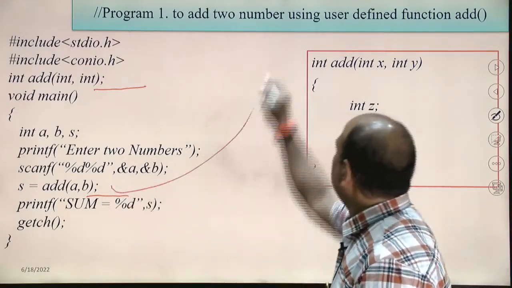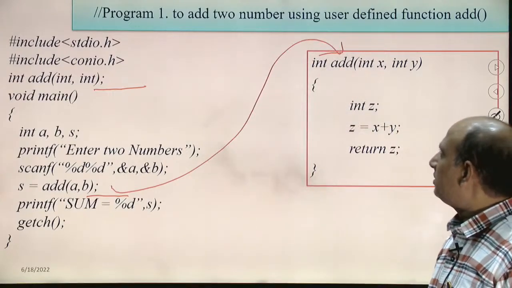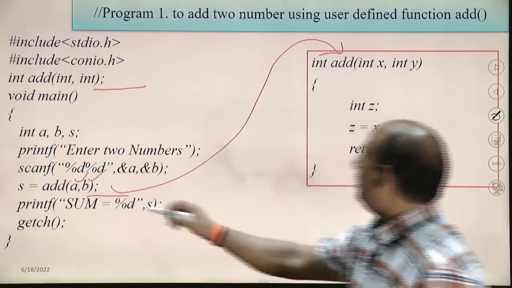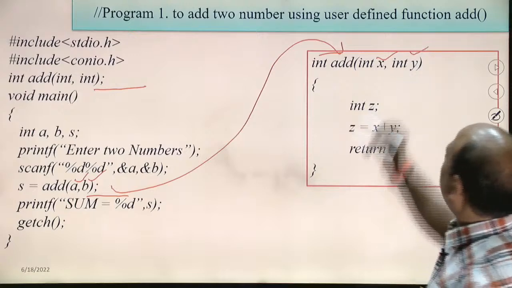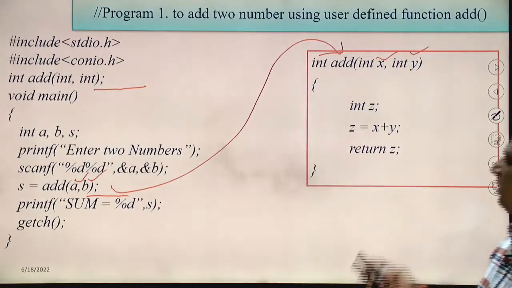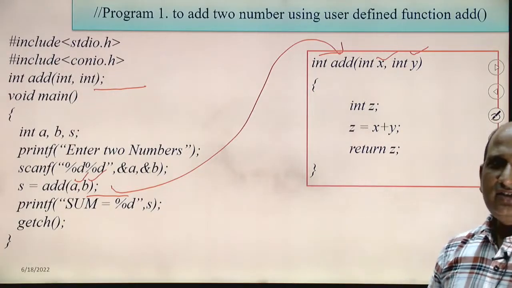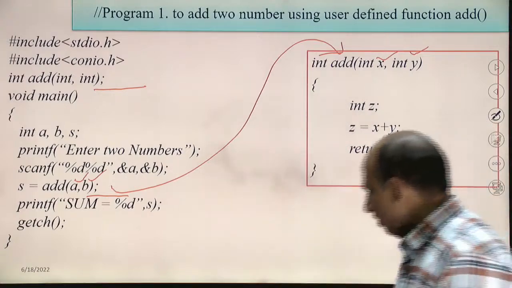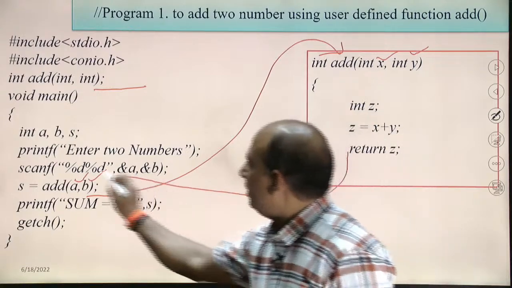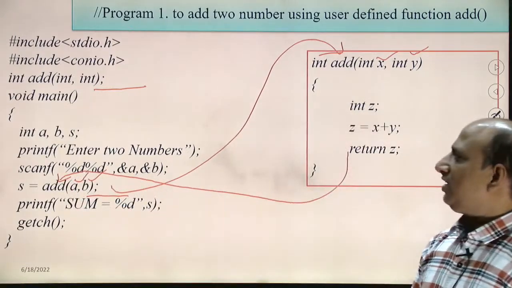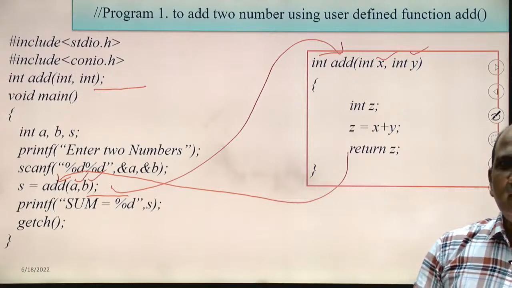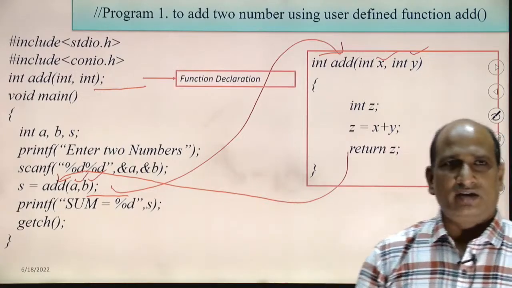Here the control will jump to this memory location, and the values of actual parameters a and b will be copied to the formal parameters x and y, and these formal parameters will be summed up, and the result is assigned to z, and this z is returned back to the calling function, meaning it will return z, and the return value is assigned to s, and this s is printed. This way the calling of the function happens.